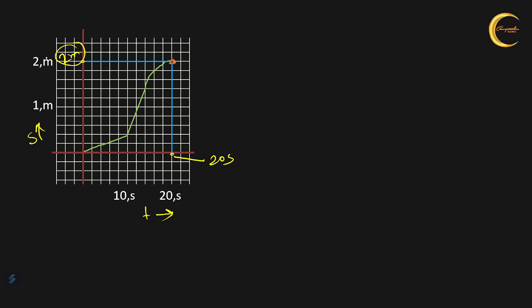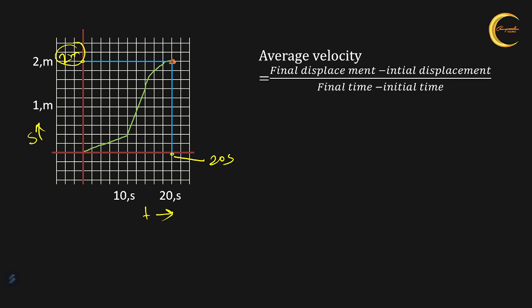Now we should find the average velocity. The average velocity is the final displacement, 2 meters, minus the initial displacement, which is 0 at the origin, divided by the final time minus the initial time.